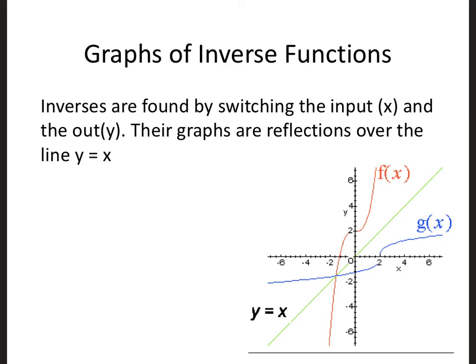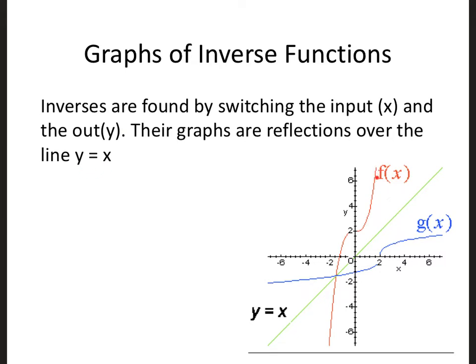Okay, just a quick recall fact about graphs of inverse functions. Whenever you are graphing an inverse function, you find inverses by switching the input and the output. Input is usually x, output is y, and then you normally solve for the new output y. Their graphs are always going to be reflections over the line y equals x.